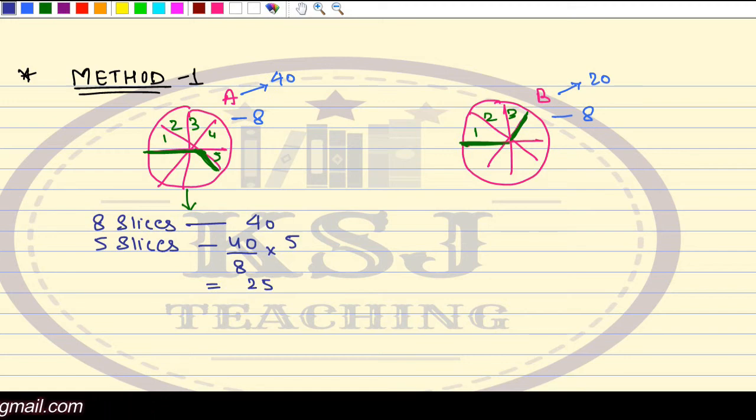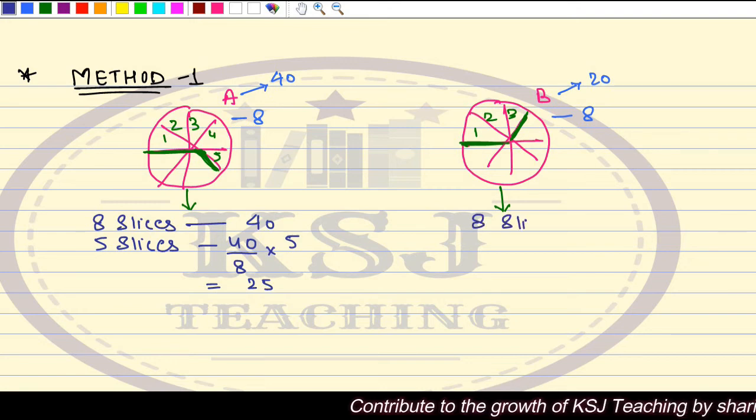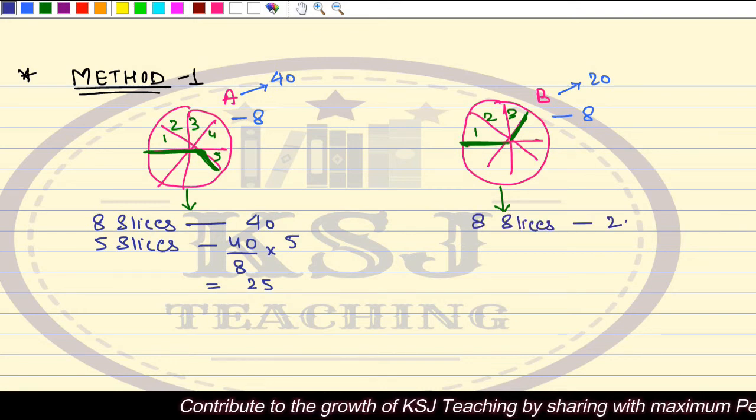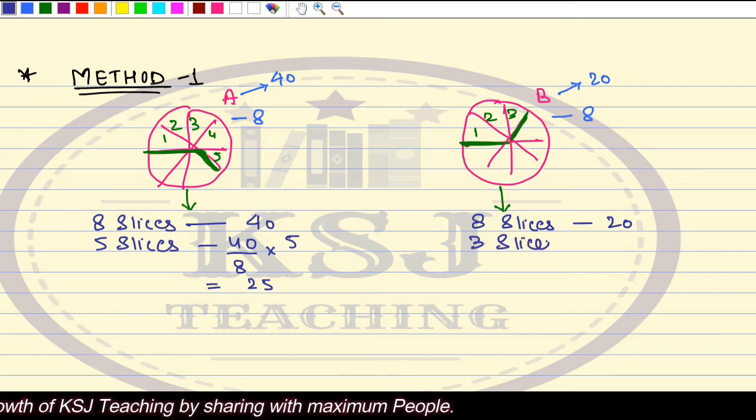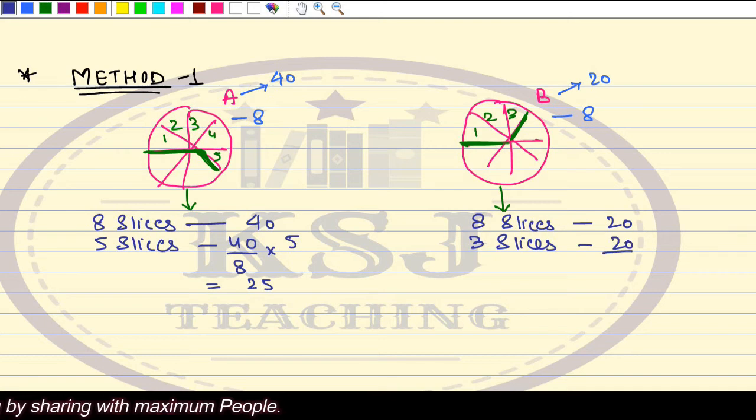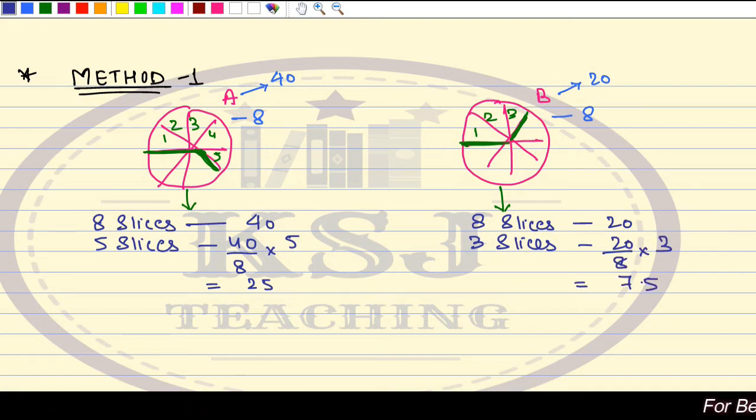Here, in this case, sir, from 8 slices they're earning a contribution of 20 rupees. Now, if you are selling 3 slices, what will be your contribution? 20 by 8 multiplied by 3, that is 7.5, right?